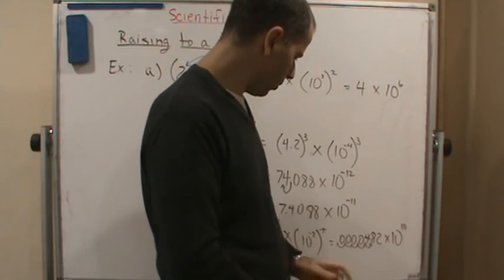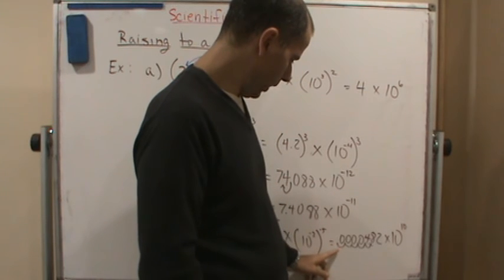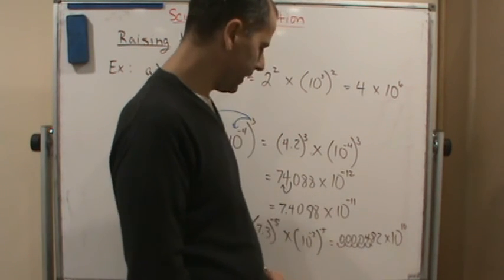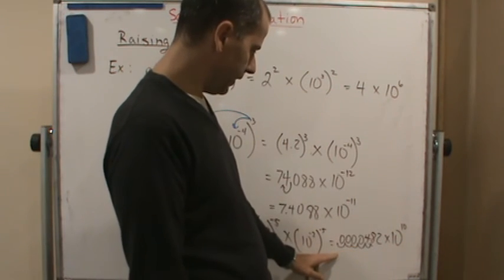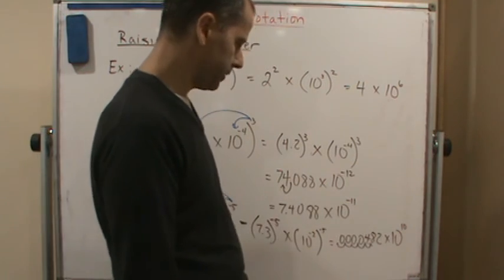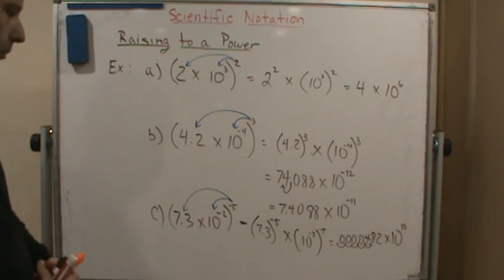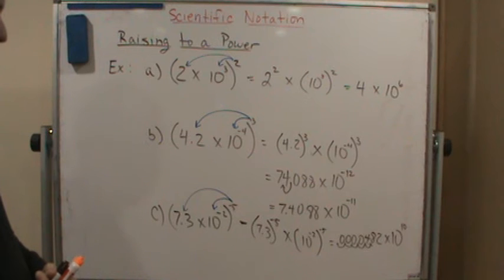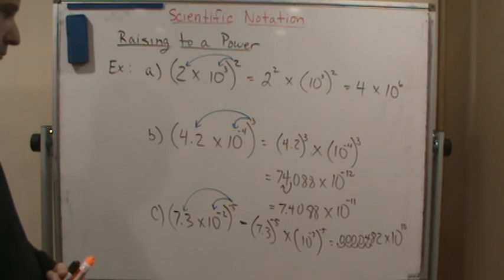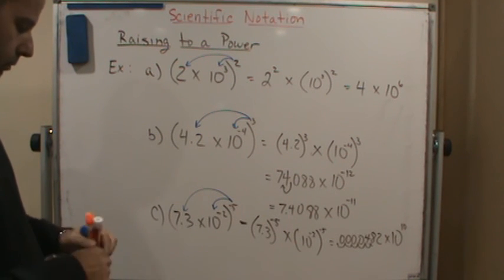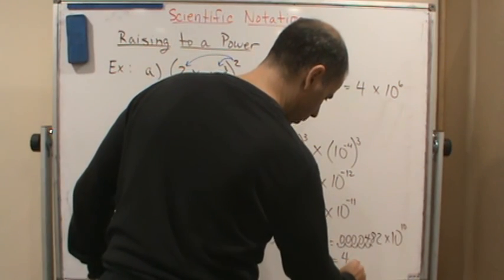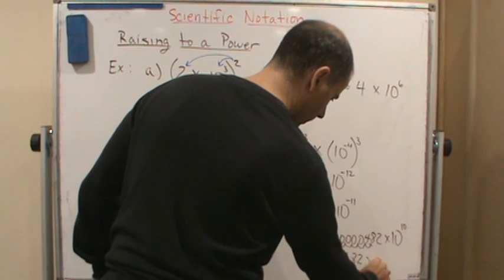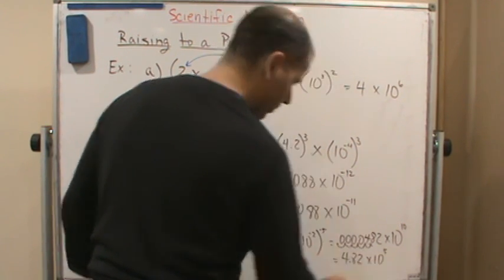If I move it to the right, 1, 2, 3, 4, 5 places, that means to get back to where I started, I would have to reduce this exponent by 5. Right? So this would equal approximately 4.82 times 10 to the 5th power.